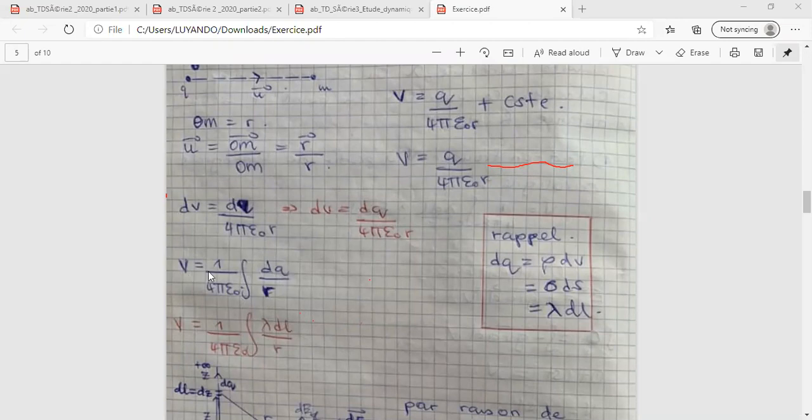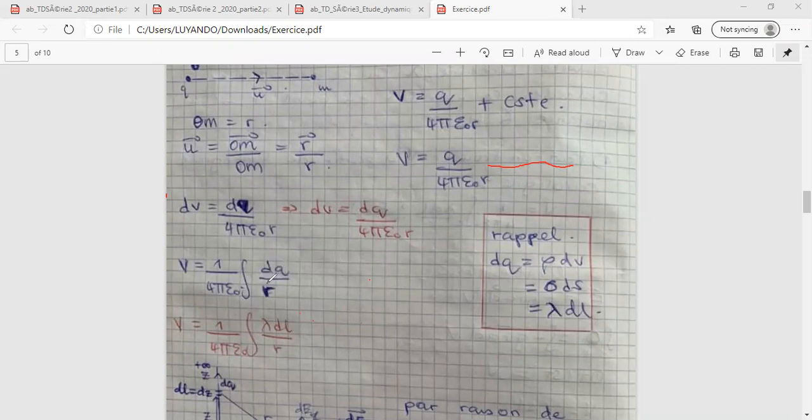So I'm going to have V, if I integrate dV, since I'm trying to get the expression for V. V is equal to 1 over 4 pi epsilon 0, the same thing that we did. This is a constant, so we bring our R to this side.